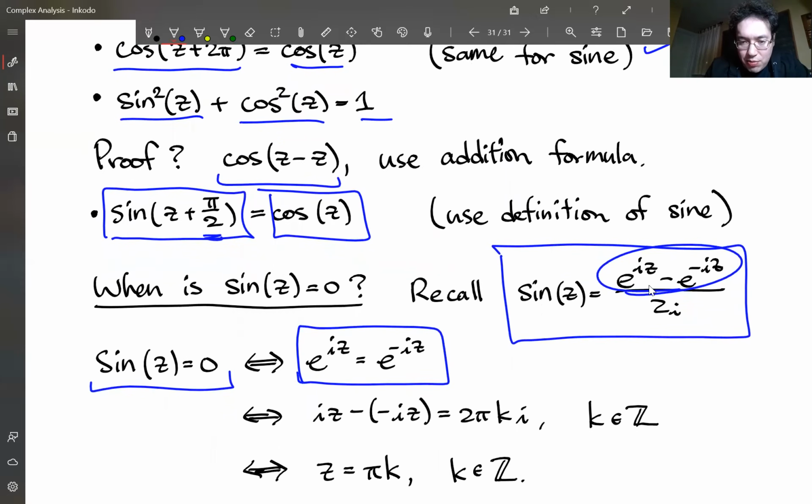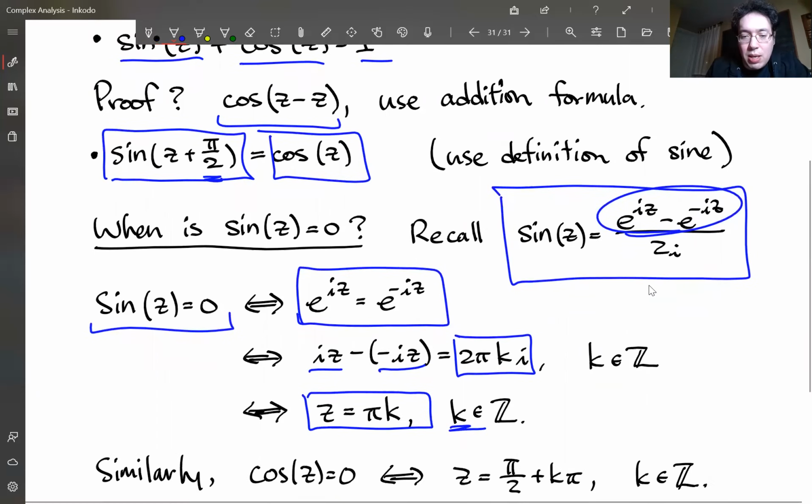But exponential functions are equal to each other only when the exponent is off by multiples of 2 pi i. So if you write iz minus negative iz, set that equal to 2 pi ki, you could simplify this down to z is equal to pi k for any integer k. So sine function is equal to 0 when the input is a multiple of pi.